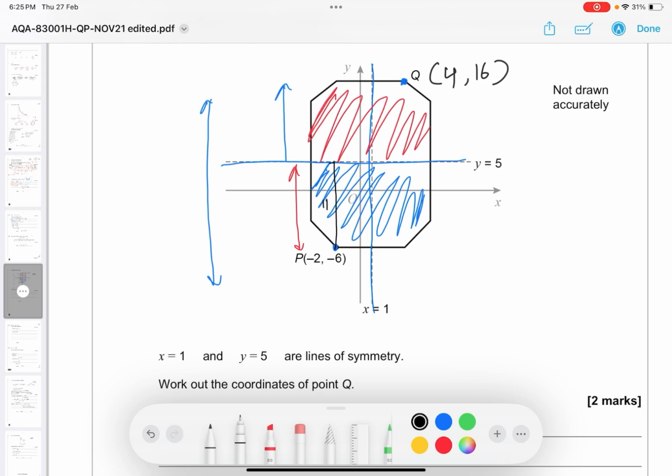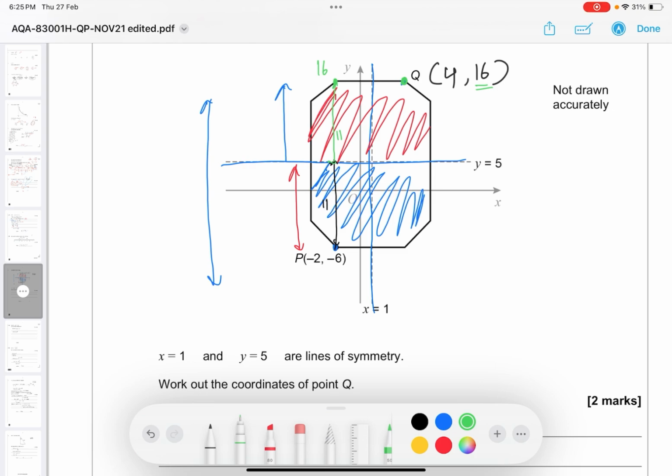Now if I move up from here to this point, it will be again 11 units, right? So what will be the coordinate of this point? It would be 5 plus 11, that is 16. Now the y-coordinate of this point will also be 16.